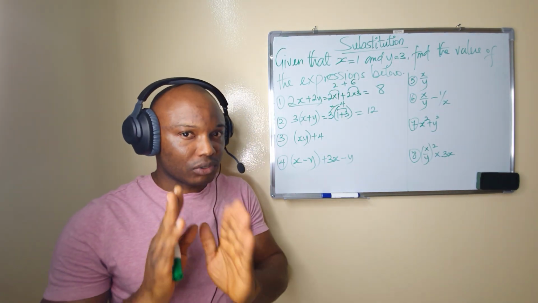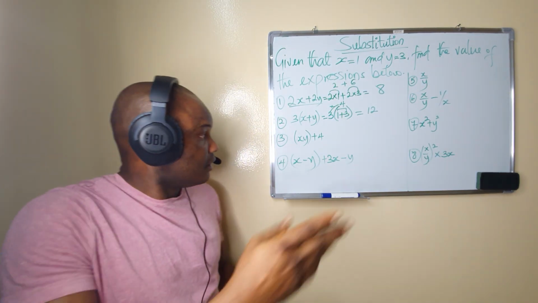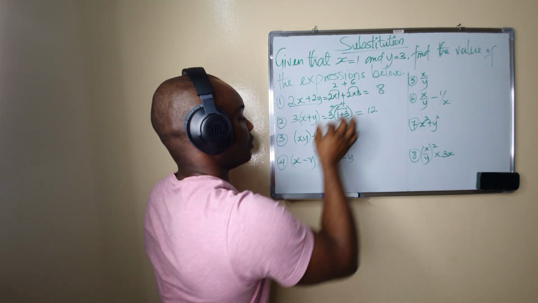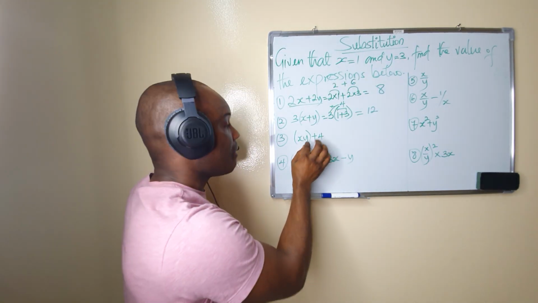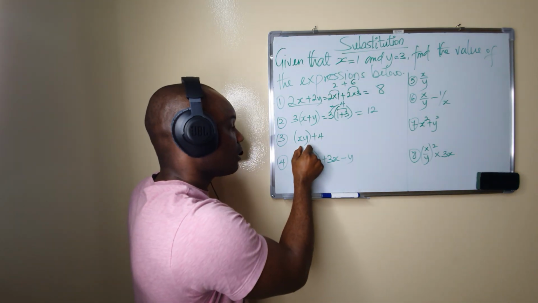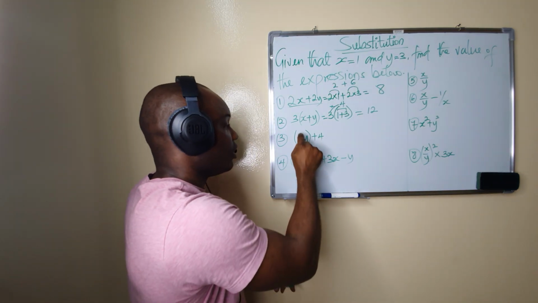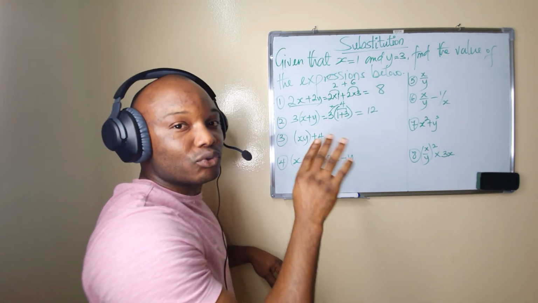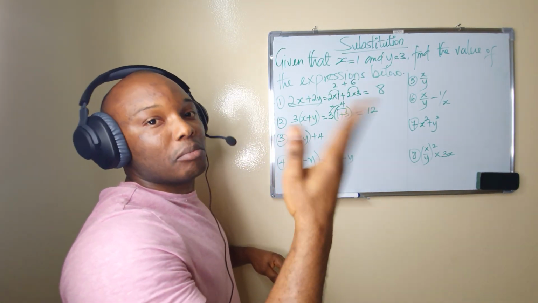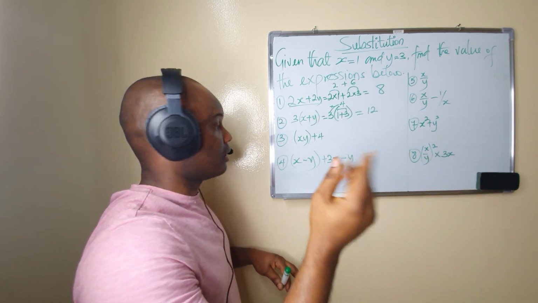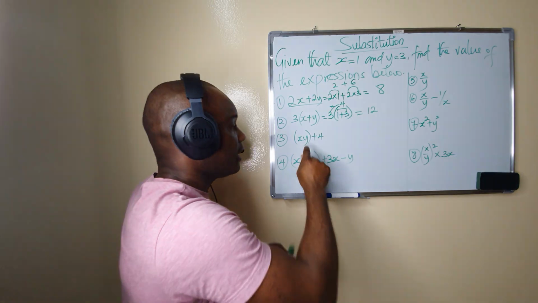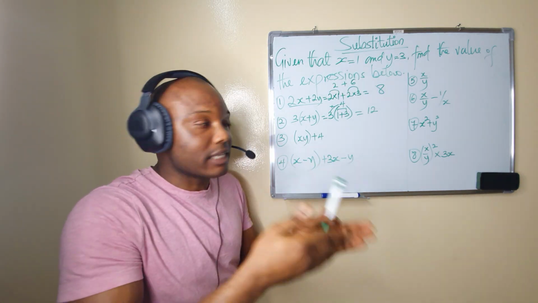How did you see substitution? Very easy, huh? Let's try further. xy does not mean 1, 3, which is 13. No. Remember, I told you when you see two letters standing together, or a number and a letter standing together without a sign shown in between them like times, multiply, divide, or subtract, it means they are multiplying each other. So xy simply means x times y, x multiply y.